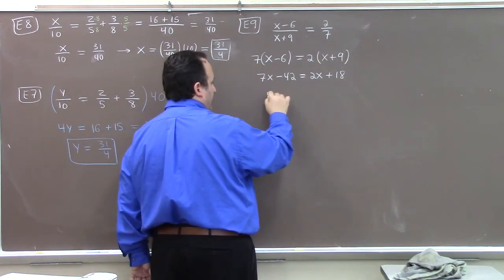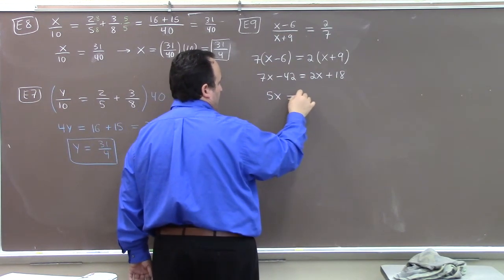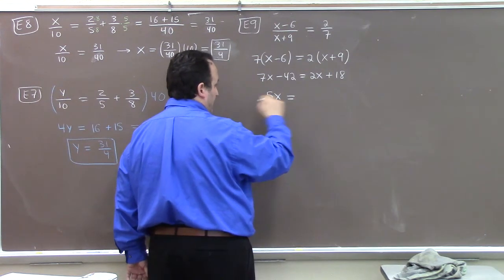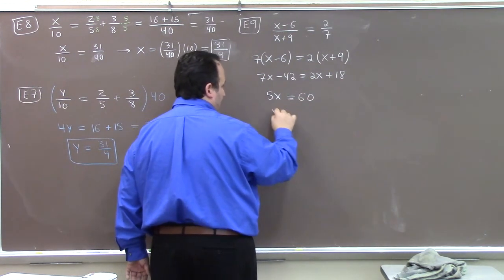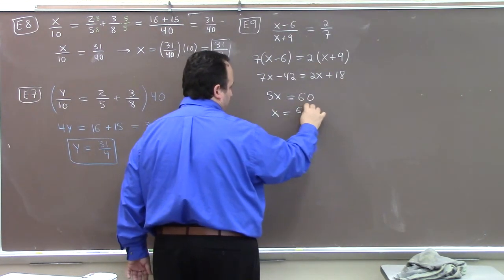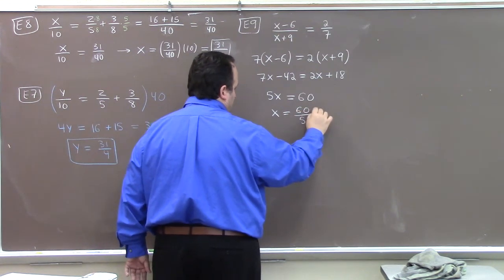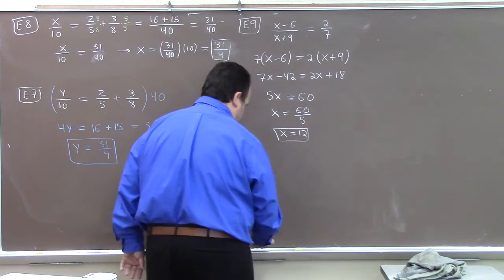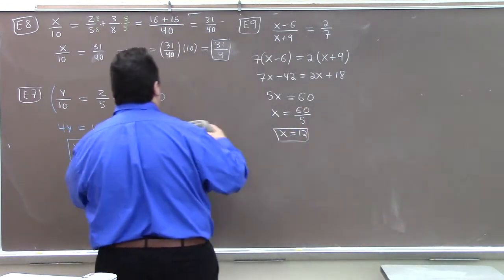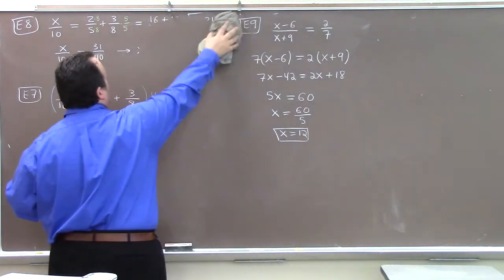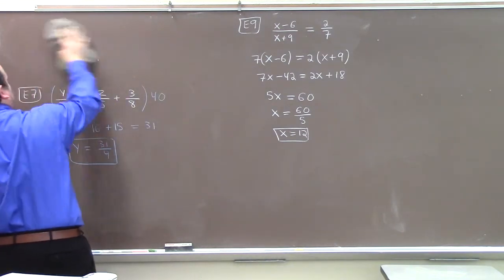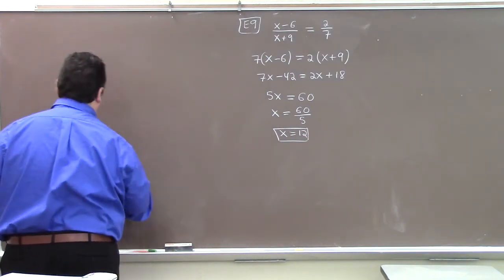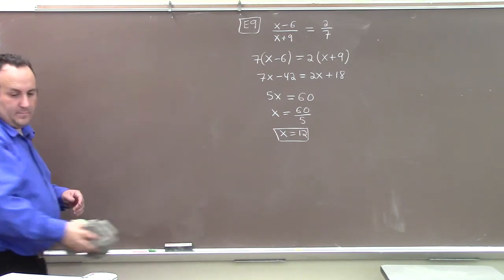So we get 5x equals 18 plus 42, which is 60. So x is 60 over 5, also known as 12. So for these kinds of problems, we want to cross multiply and then just work it out.